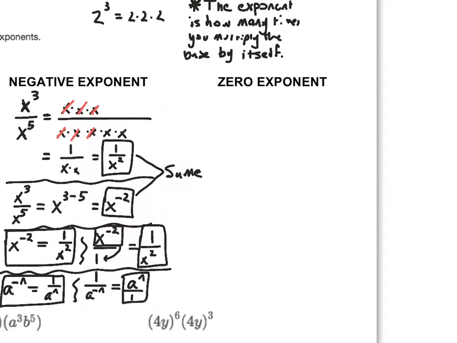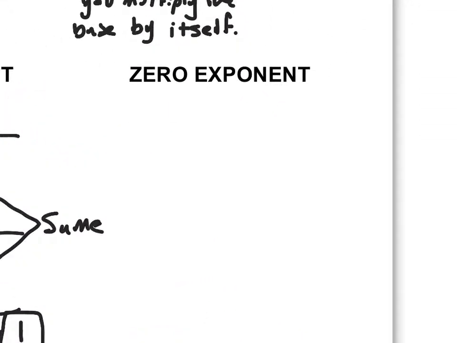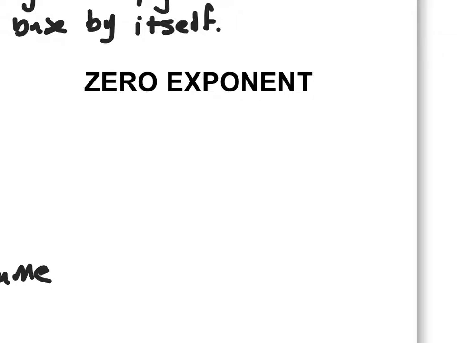All right, let's talk about the zero exponent. I want to do the same type of thing. Let's do x to the third power divided by itself, x to the third power. Now I already know that we're going to get 1 as a result. Here's why.